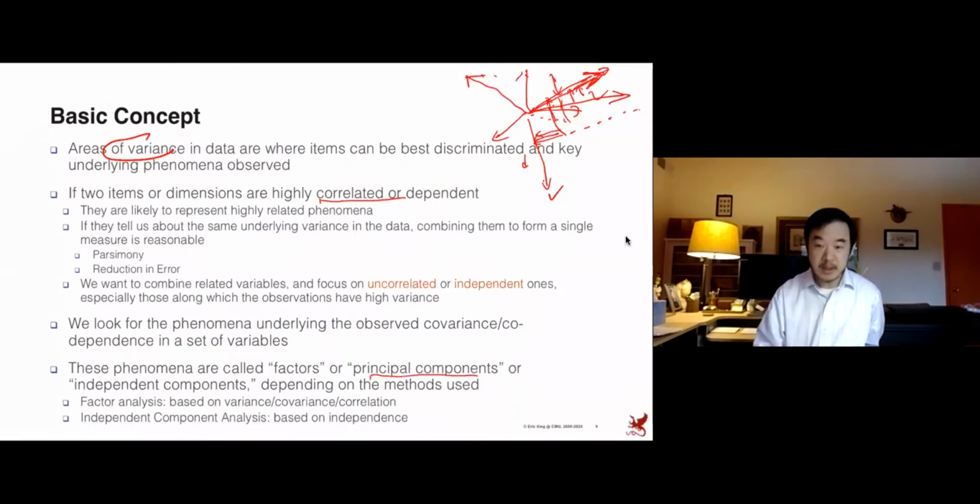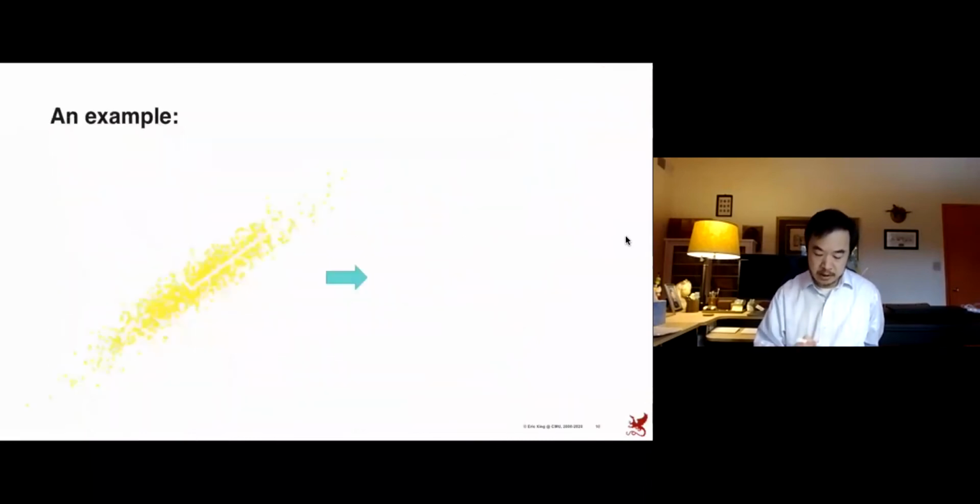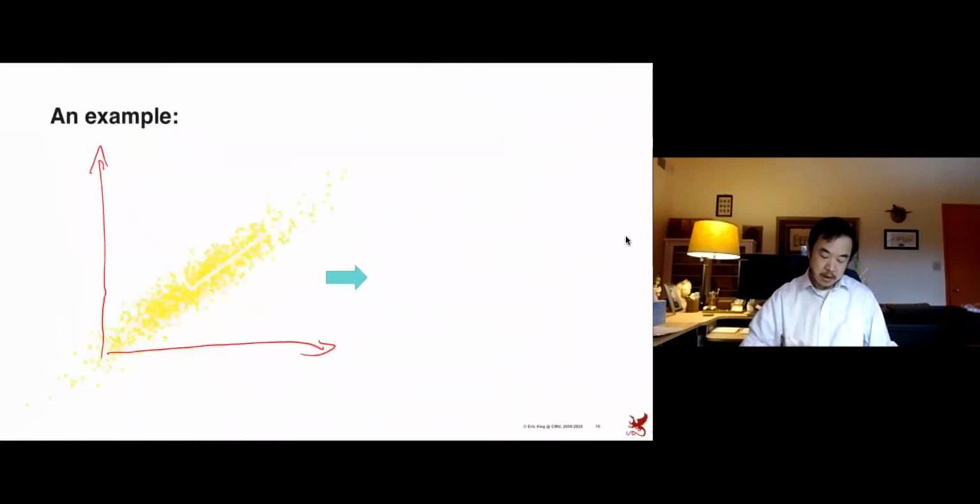Okay, so much for the high-level discussion. Now let's look at a specific example. Right. So here I have a data point cloud. It is in two-dimensional space, like in here. Okay.